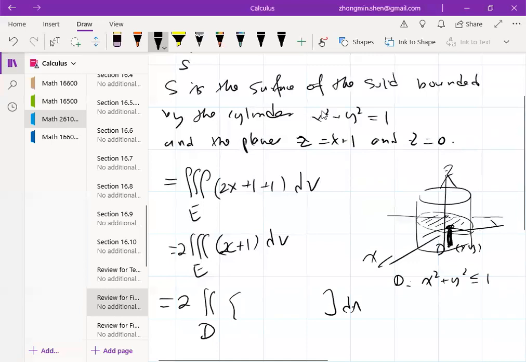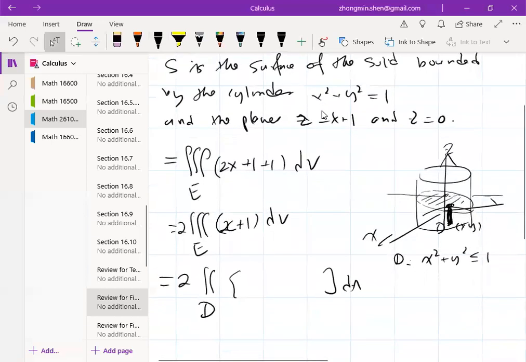The solid is filled with those vertical line segments, and now you evaluate the integral along this line segment. The lower bound for z is 0, and the upper bound for z is x plus 1. Okay, x plus 1 and dz.